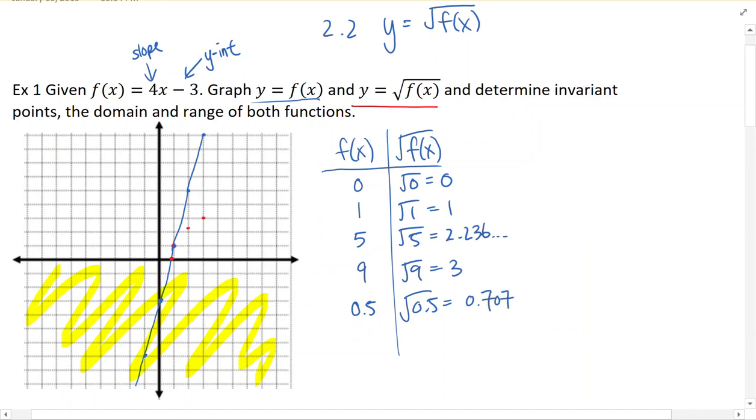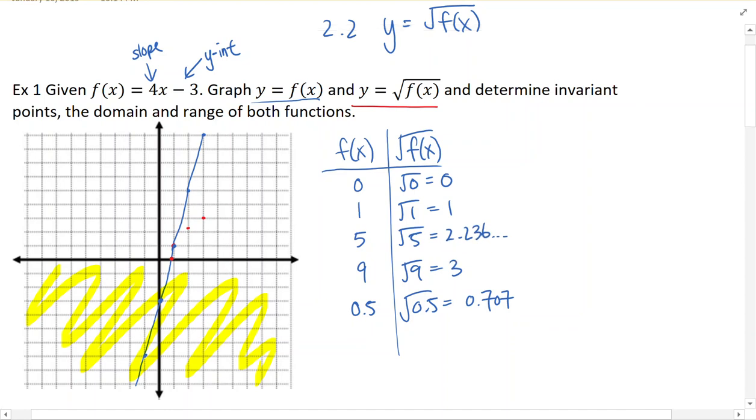You're going to see that in the cases where the f of x is between 0 and 1, your square root f of x value is actually larger than before. Whereas when you have values where f of x is bigger than 1, then your square rooted f of x becomes a number that's smaller.